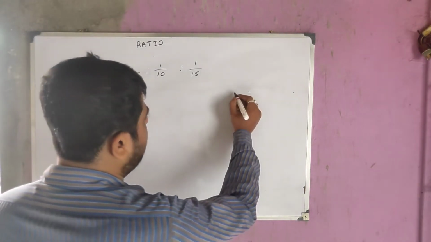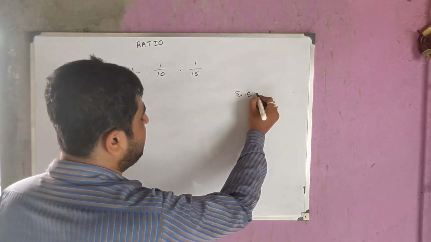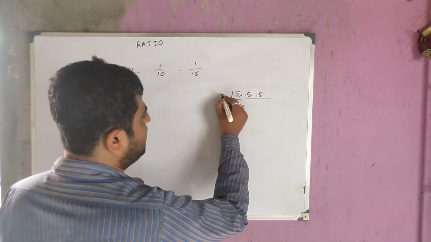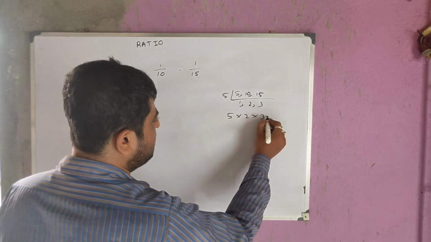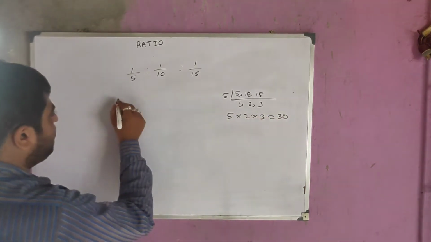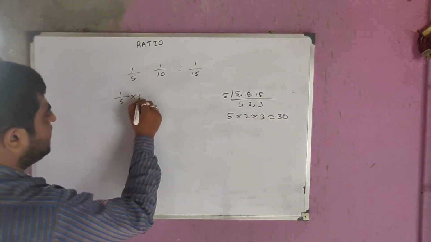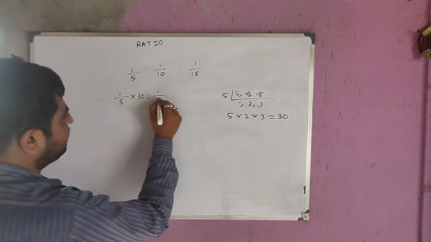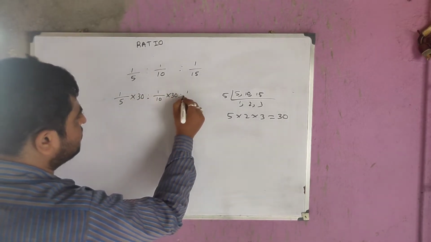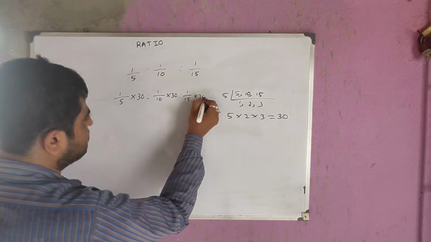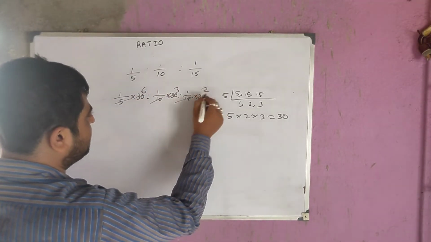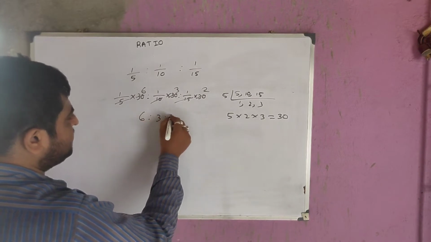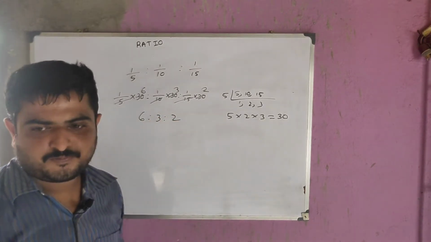So first find the LCM of 5, 10 and 15. The LCM will become 5 into 2 into 3, 30. Now multiply each term with 30. 5 sixes are 30, 10 threes are 30, 15 twos are 30. So it will become 6 is to 3 is to 2.